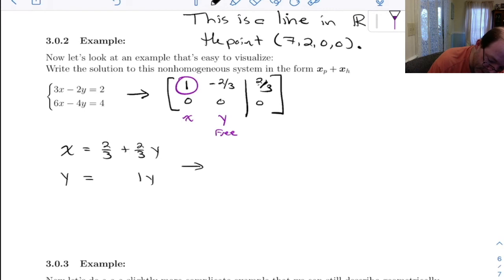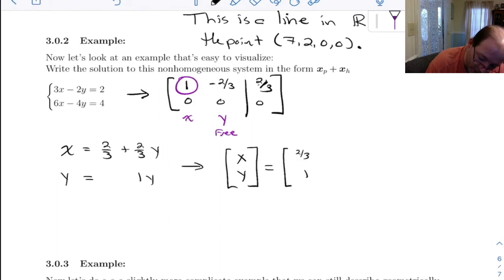So if you take this and write it out, you get (x, y) is equal to (2/3, 0) plus (2/3, 1) times y.